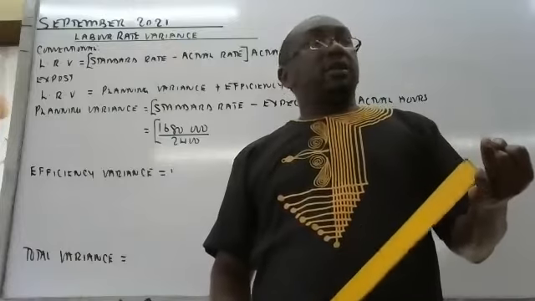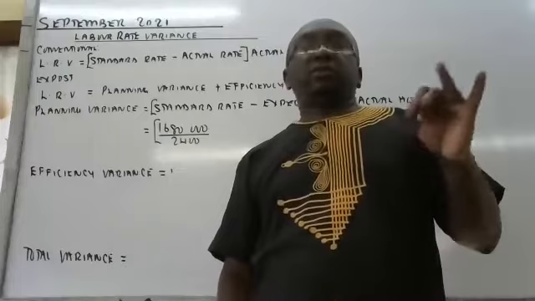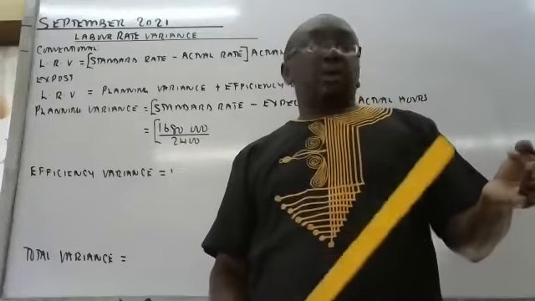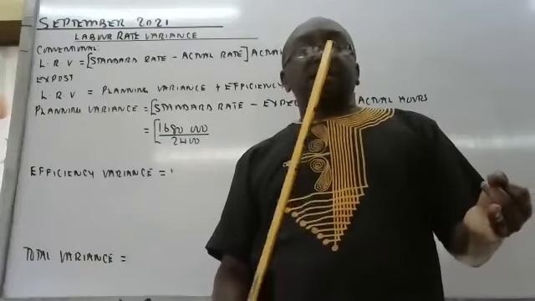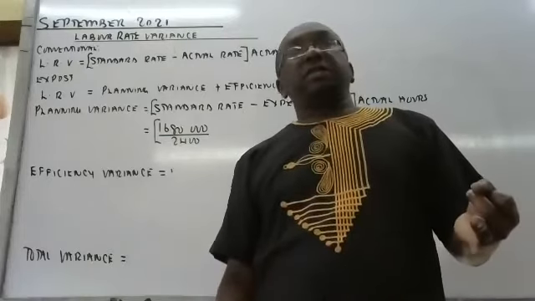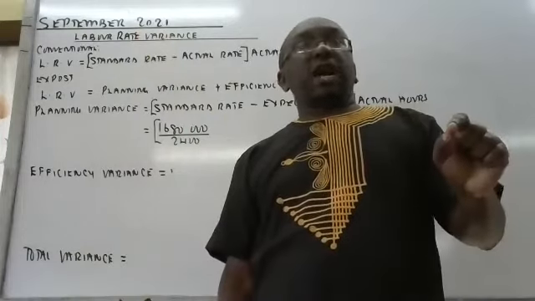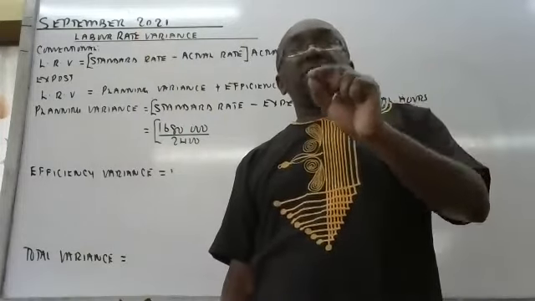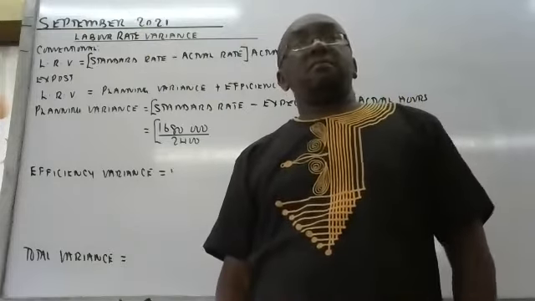If you want the budget and you have standard, you just multiply the standard by the total units. If you have the budget and you want standard, you just divide budget by the units. That therefore means if the units of actual are the same as the units of the budget, the standard cost and the budget cost are the same.